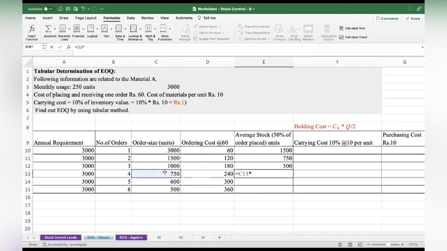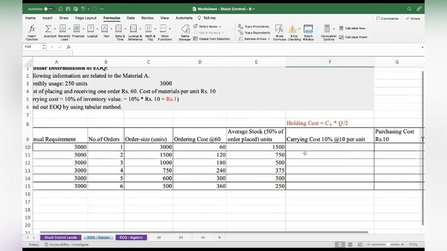Likewise, find the average stocks per the order size. Find this by yourselves. Okay. Next, what do we need to find?